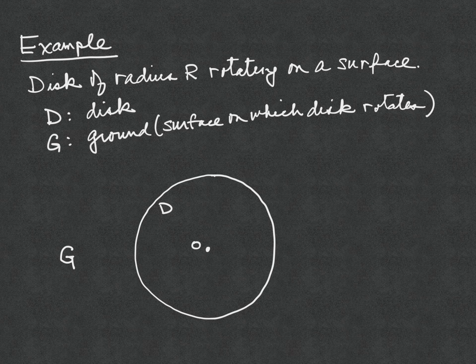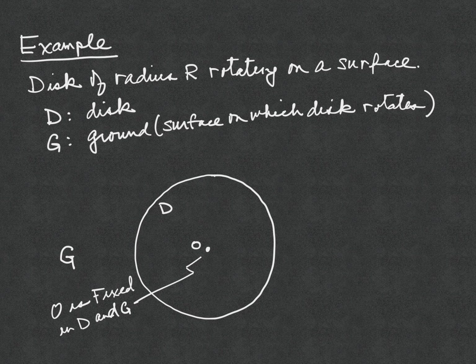Now, in order to make this a little bit easier, O is going to be fixed in D and G. That's the same picture that I had earlier when I said that there's a point common to both frames. I called that point O in the abstract notion, and I had frames B and A. I'm calling it O in this example, and the two frames are now D and G.